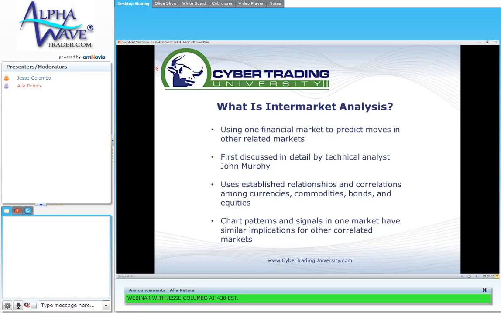I think it's a wonderful addition to any trader's library, but I've added some of my own take to it, as traders and analysts typically do. We borrow ideas and we meld them together and we improve, and it's nice to be able to stand on the shoulders of giants like that. I'm going to be showing you those concepts today. Intermarket analysis uses established relationships and correlations among currencies, commodities, bonds, and equities or stocks.